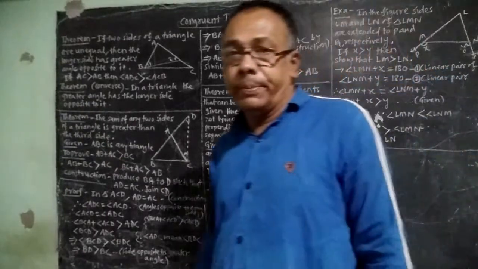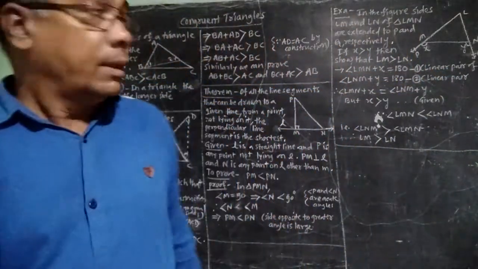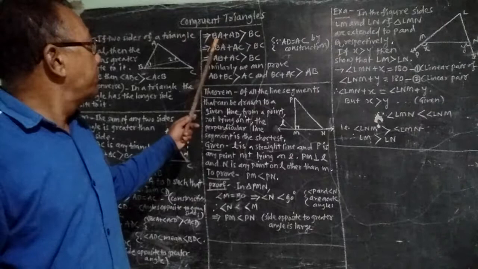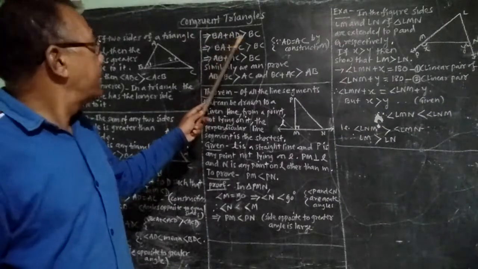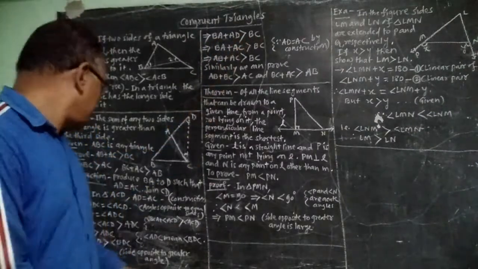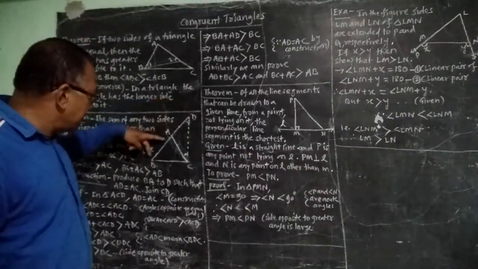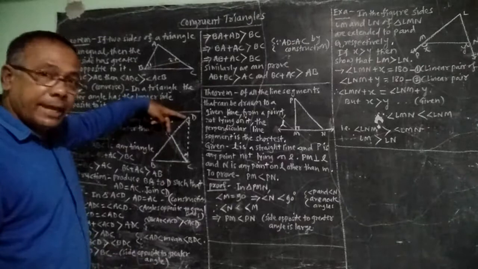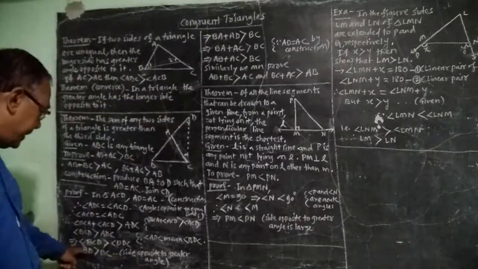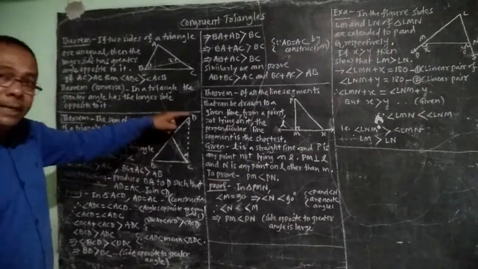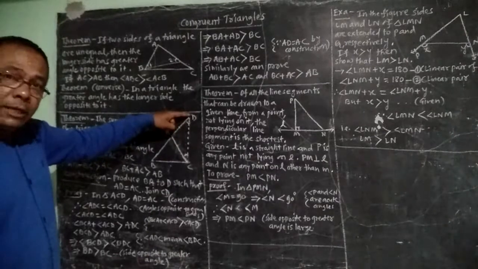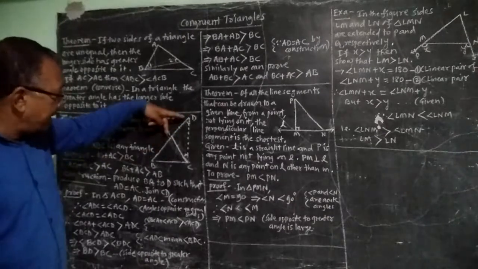Here BD can be written as BA plus AD. We have written BD is greater than BC, but BD can be represented as BA plus AD.